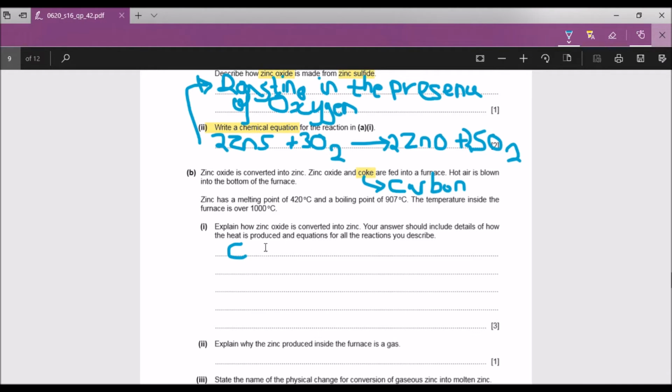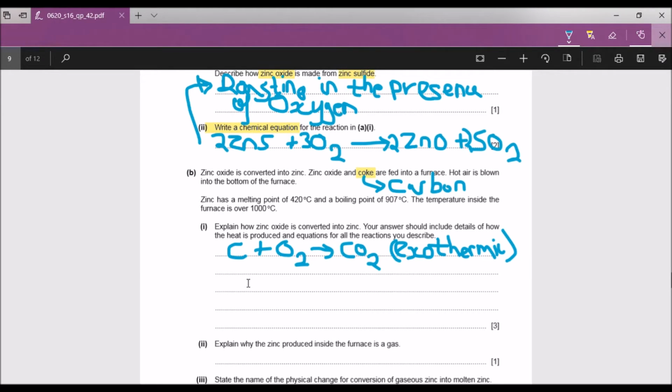So you get C plus O2 gives you CO2. That's your first equation. And this is exothermic.